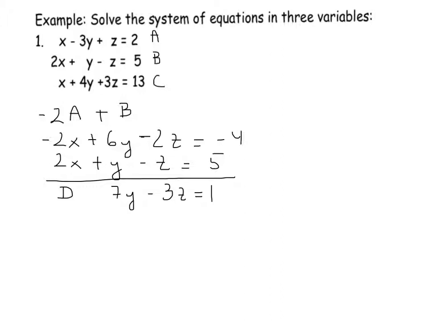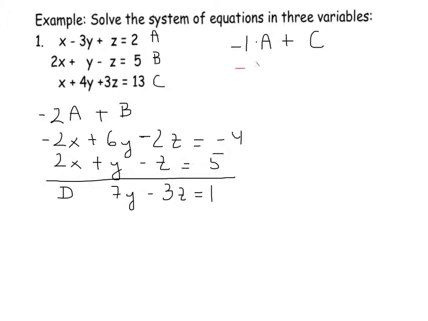Now I'm going to have to use another equation, one of A or B, and I also have to use C in order for me to be able to solve the system. So since we eliminated the x using equations A and B, I'm going to eliminate x again, but now I'm going to use equations A and C. So I'm going to multiply A by -1 and add equation C to it.